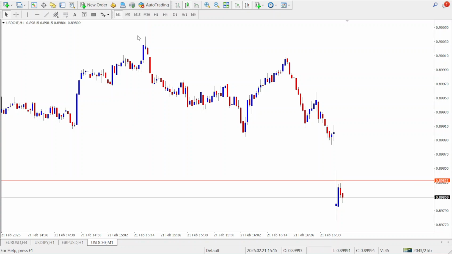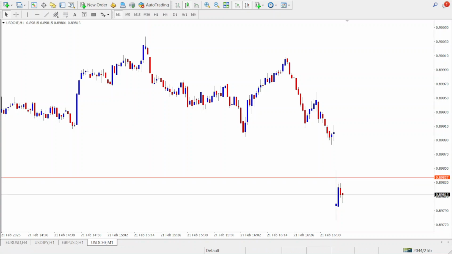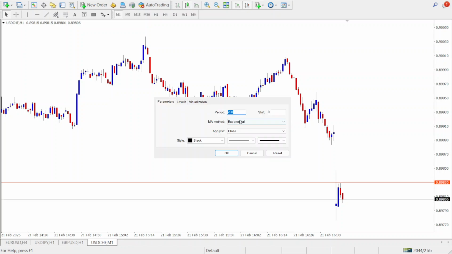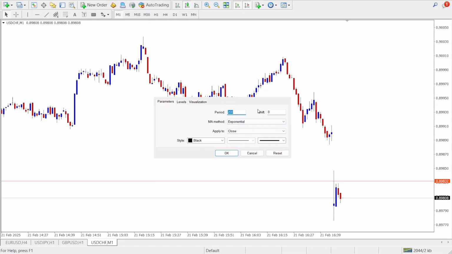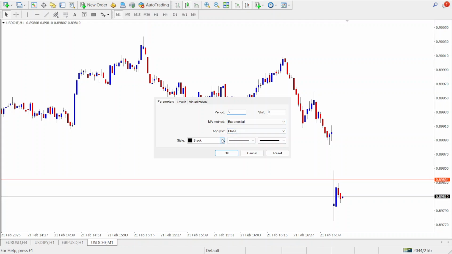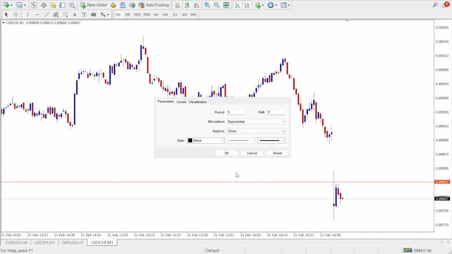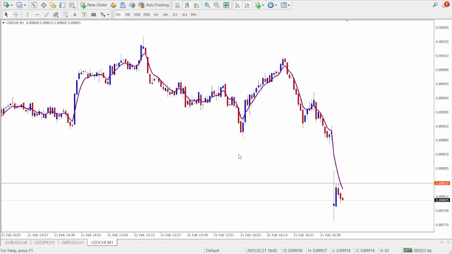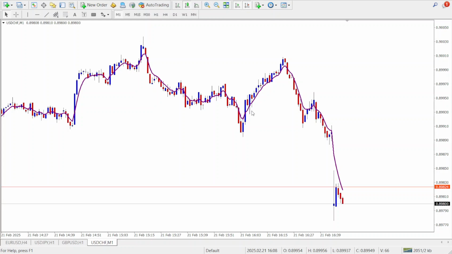So we're going to be using the EMA 5, which is the fast moving EMA indicating short-term price action.